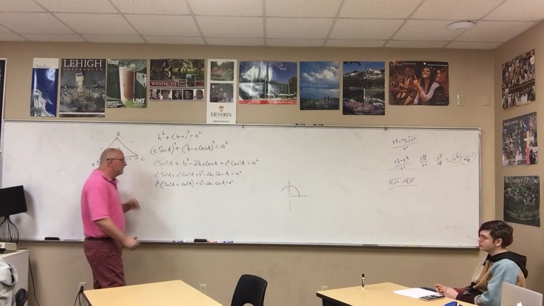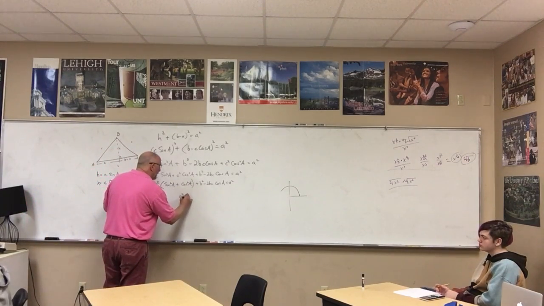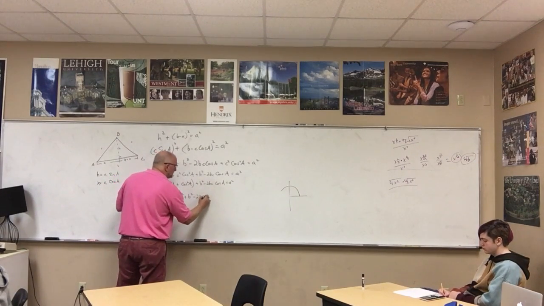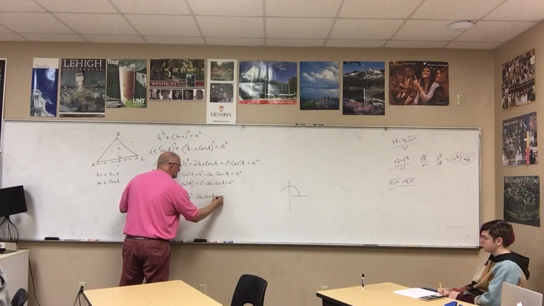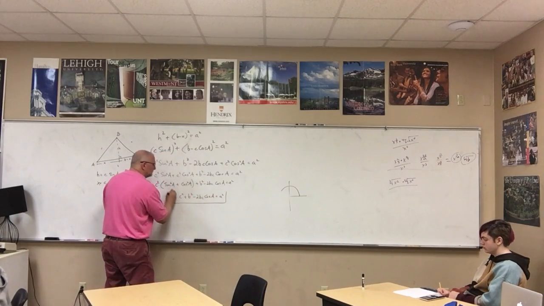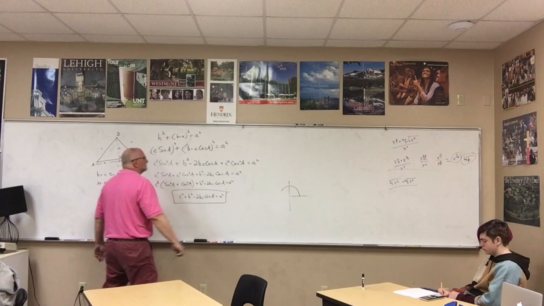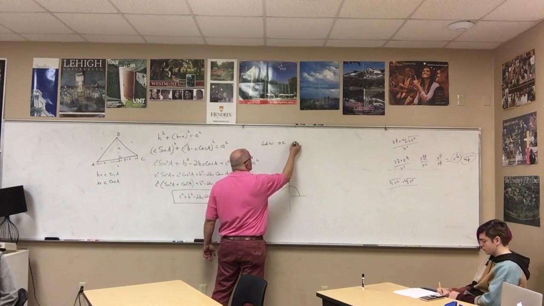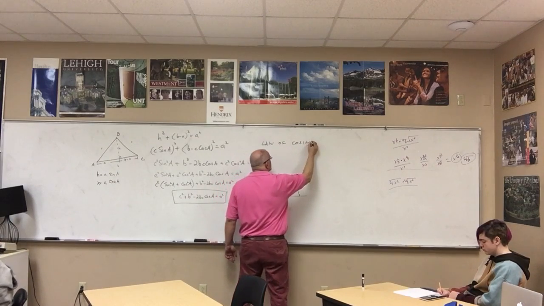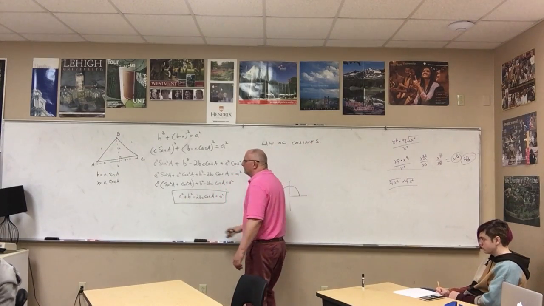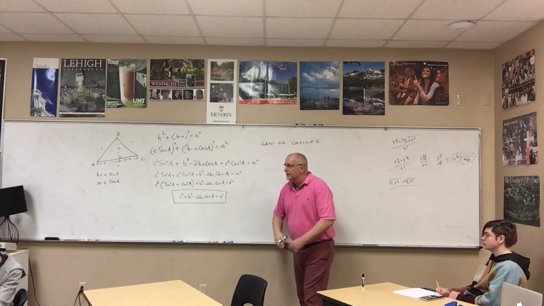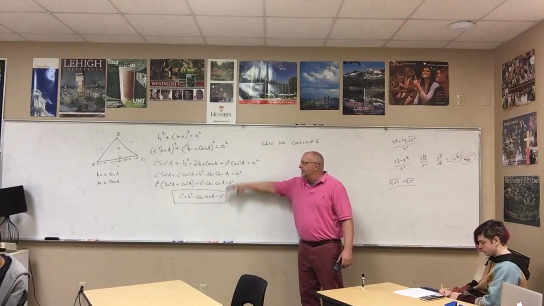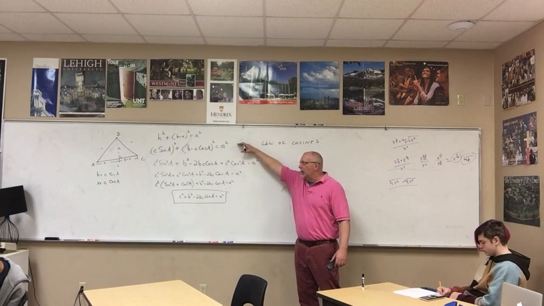Perfect. c squared times 1 is c squared, and here's my formula, or a law. So this is the bit that you need to know. This is the why, or this is how I got it.